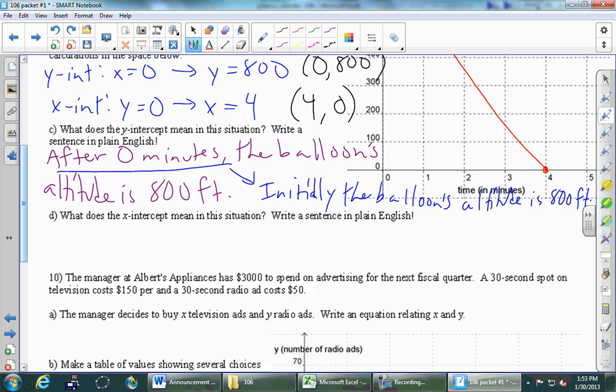Okay, part D, same idea. What does the x-intercept mean in this situation? Okay, write a sentence. You've got an example one up there in purple. Basically, it's going to be the same thing, but with different numbers.